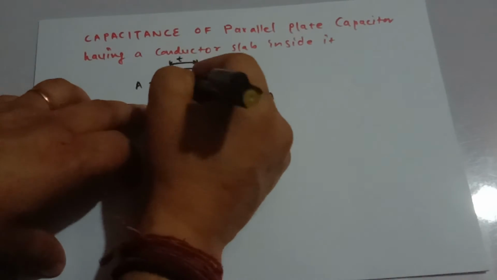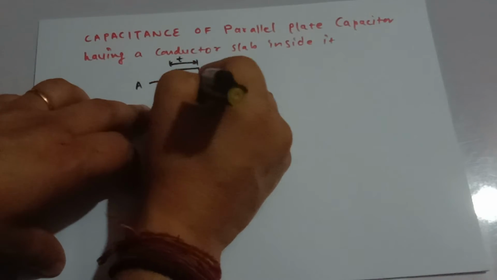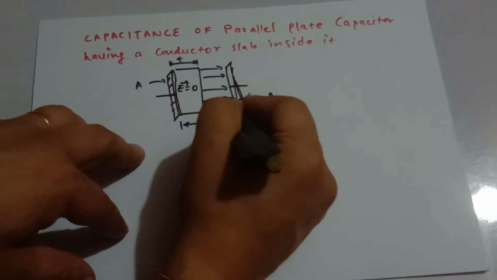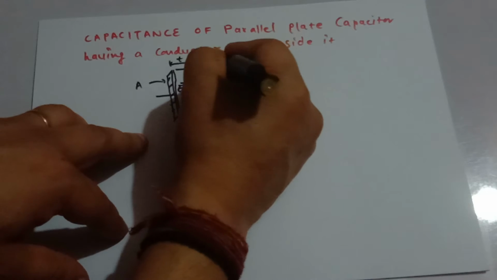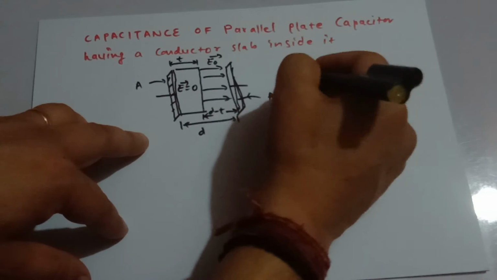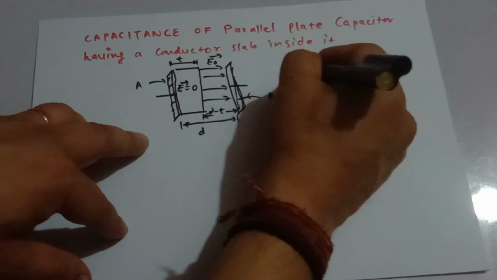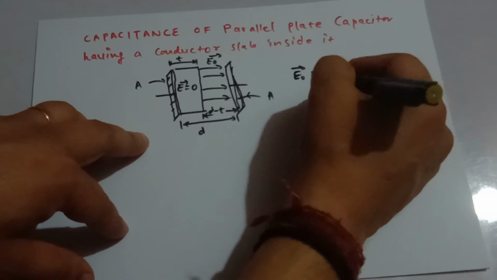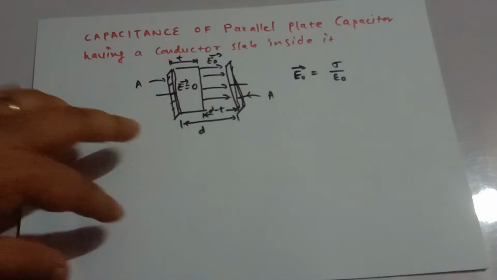I already said the electric field inside this conductor is 0, but here the electric field is the same, which we already calculated, which is E naught, and E naught we know is sigma upon epsilon naught.